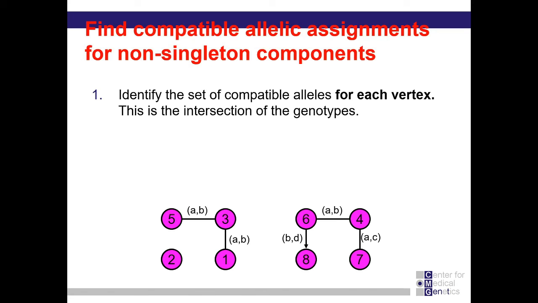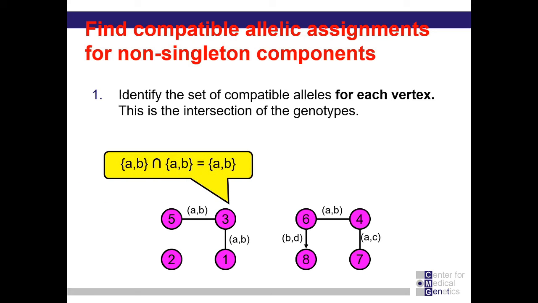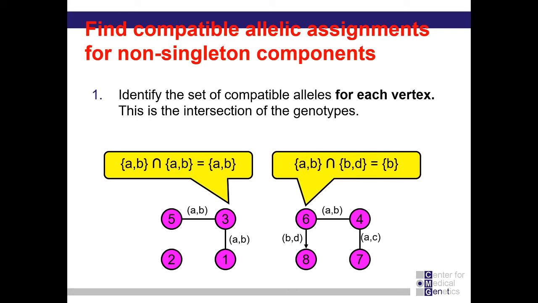The compatible alleles for each vertex are the intersection. AB crossover with AB, who has it? Persons 1, 3, and 5. What about AB and BD? The crossover is B.